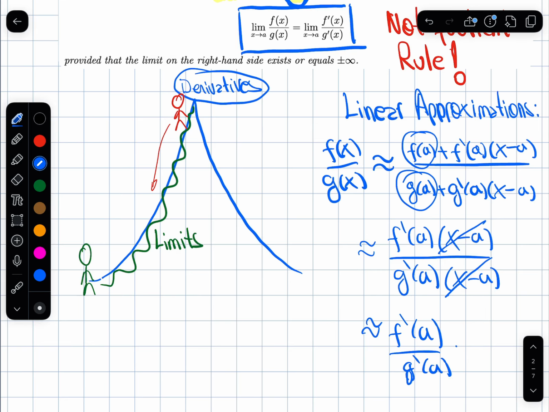Supposing that this fraction on the right exists. So this is the reason why L'Hopital's rule is what it is. You get to derive the top, plug in a, derive the bottom, plug in a, separately, separate derivatives, and then that should give you the correct limit as long as the limit exists, or that it is infinity, right?